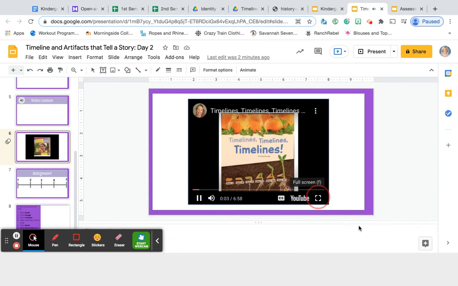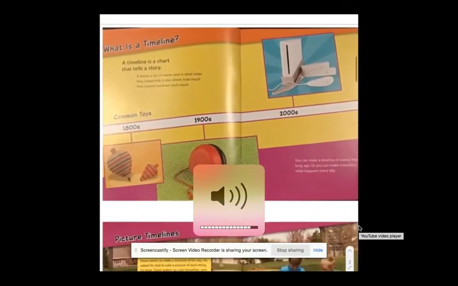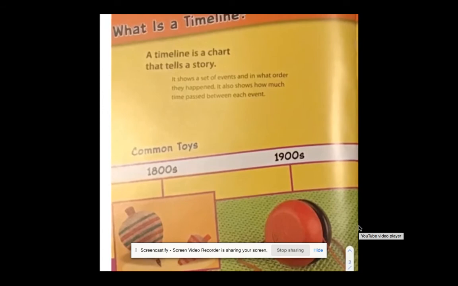Timelines by Kelly Bosworth. What is a timeline? A timeline is a chart that tells a story. It shows a set of events and in what order they happened. It also shows how much time passed between each event.